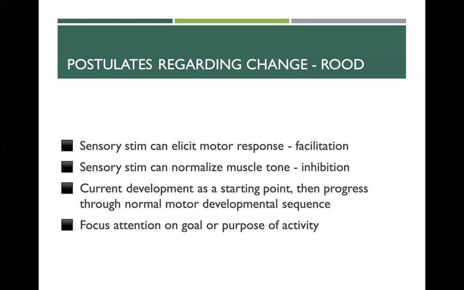You can also do what's referred to as sensory stimulation through the olfactory, gustatory, auditory, as well as visual systems. You can both facilitate or inhibit those. Minimal voluntary control and abnormal tone and reflexes are present.